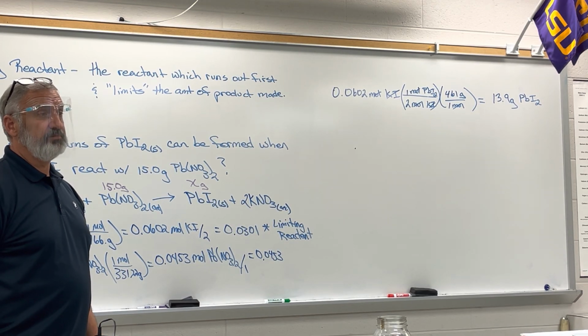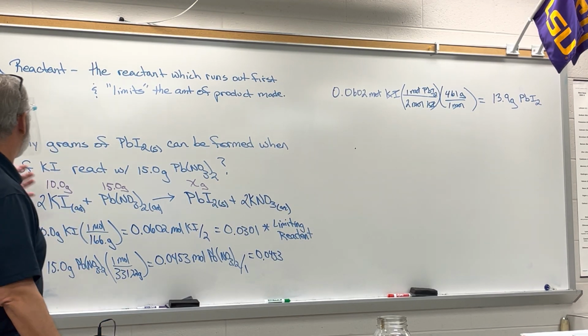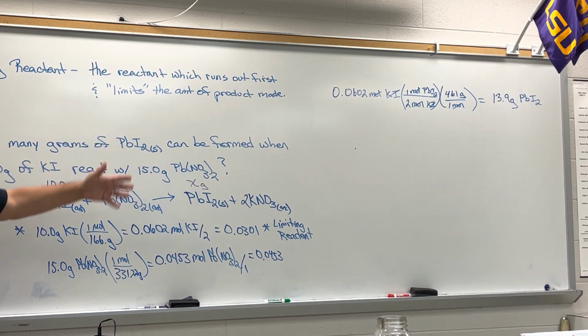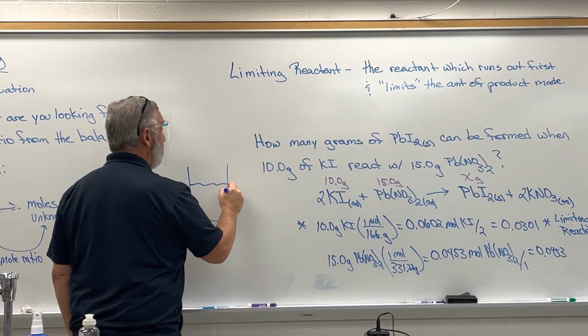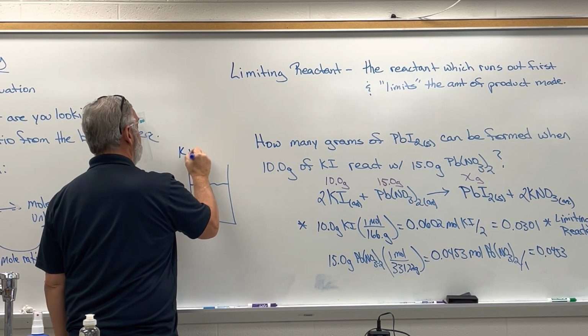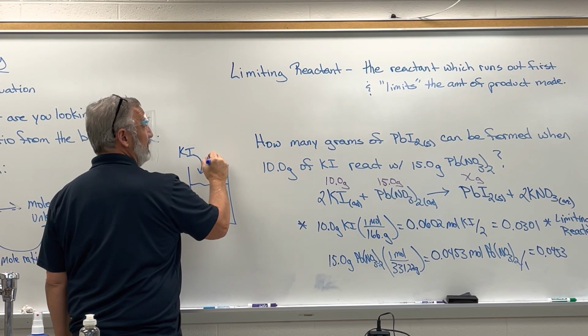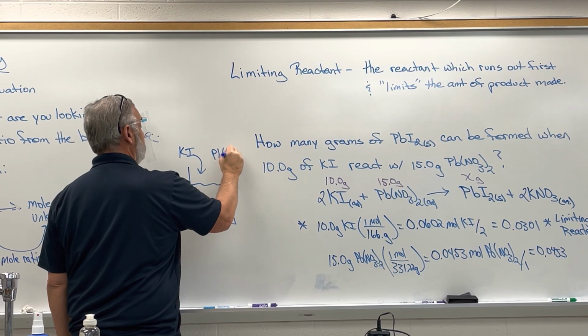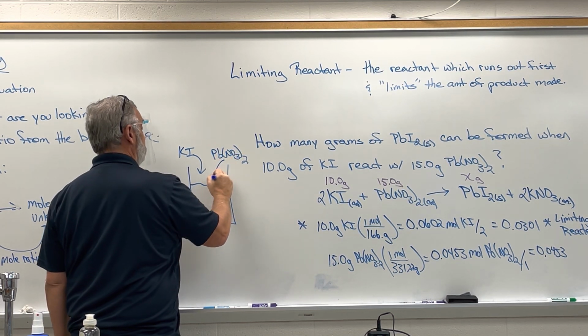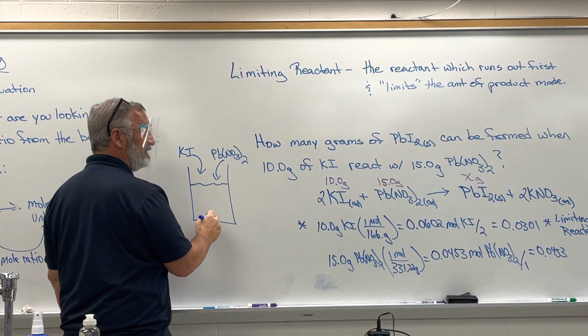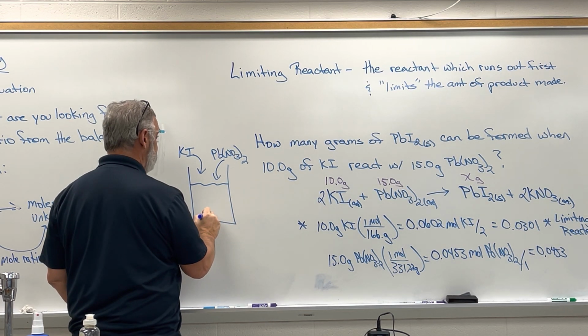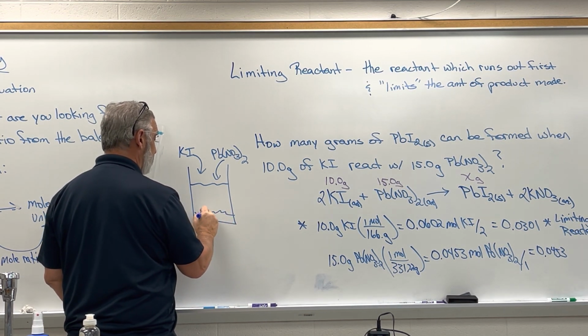Okay? So if I did everything right, I mixed these things together, in my beaker, I pour the KI in, and I pour the Pb(NO3)2 in, they react. I'm going to make some PbI2 solid. It's going to settle out to the bottom.